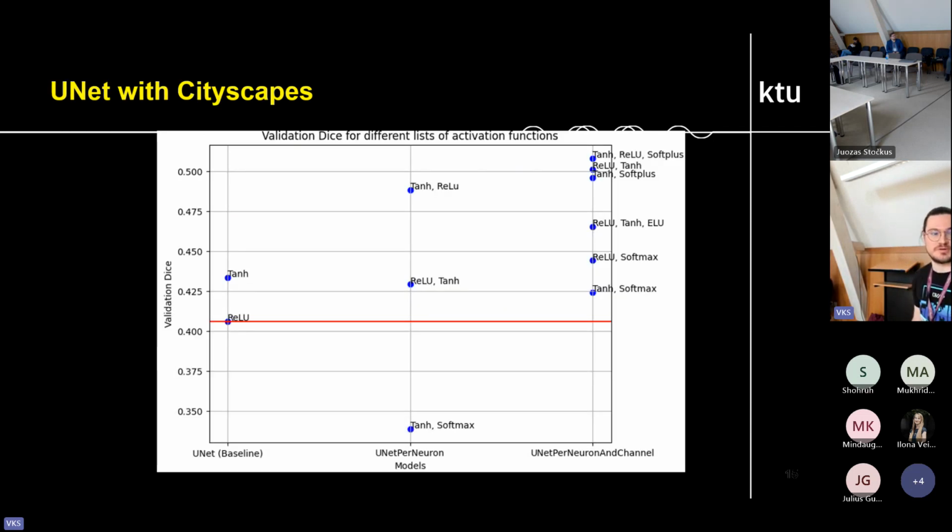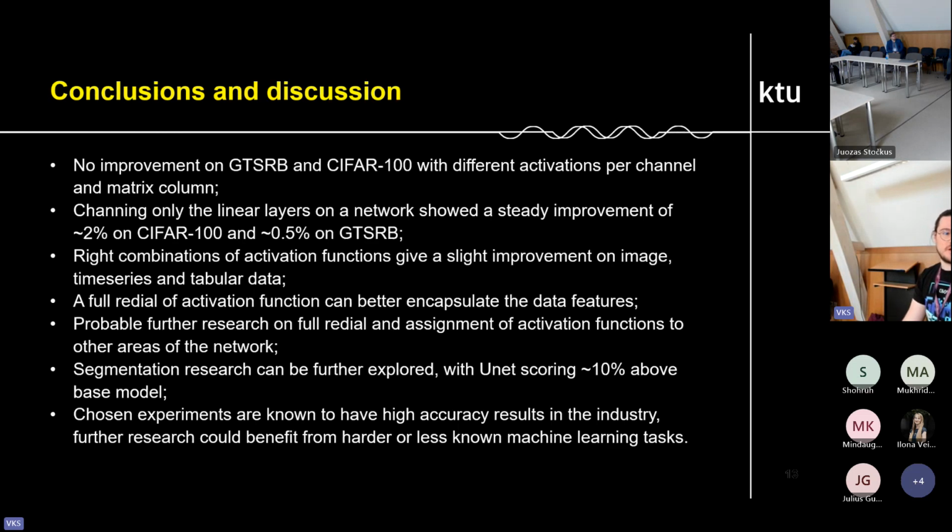Then UNet is astoundingly the most prominent in this scenario because it achieved a 10% increase while changing different activation functions. And so those are the conclusions: in some cases we achieve a very low 2% or 0.5% accuracy increase.